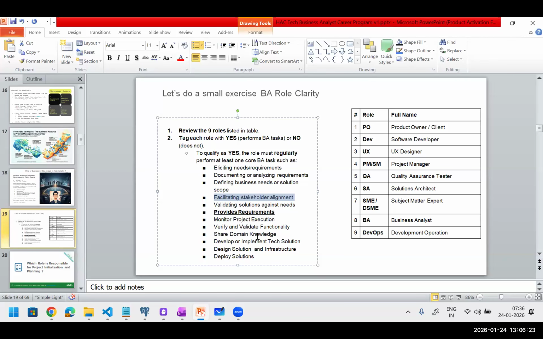However, if you are directly connected with the PO or a client, yes, you can schedule meetings, because the BA works very closely with the client or PO. Every time, the PM or Scrum Master becomes a bottleneck, right? But you should be able to inform and copy him all the time.